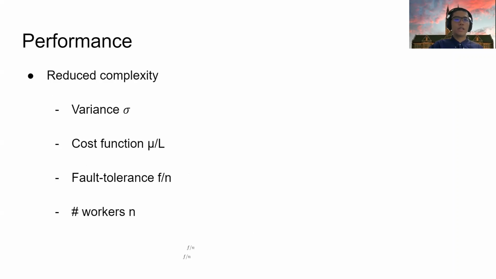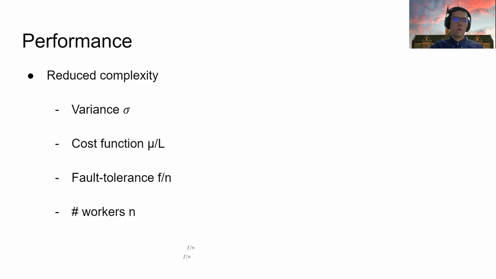Finally, we present the performance of our algorithm. We computed a theoretical upper bound of the ratio of the reduced complexity to the original complexity. This bound is a complicated function and is dependent on 4 variables, and we plot the relation between the bound of the ratio and each variable.